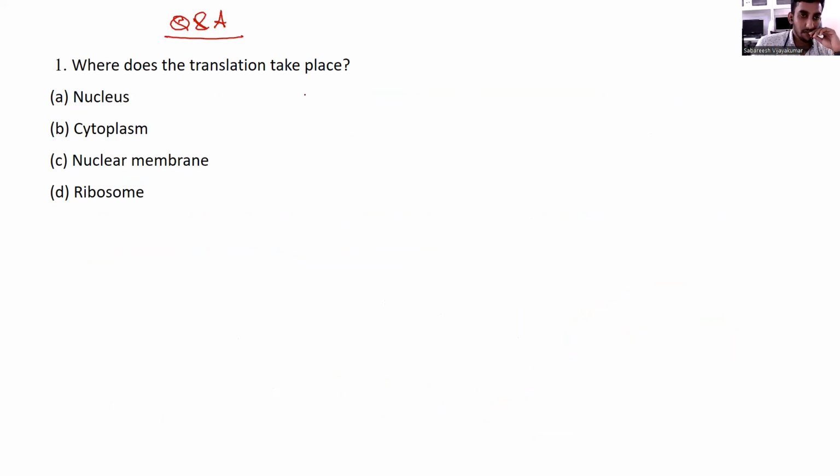So first question, where does the translation take place? Nucleus, cytoplasm, nuclear membrane, ribosome. So what is actually the translation process? You can leave the answer in the chat box also.